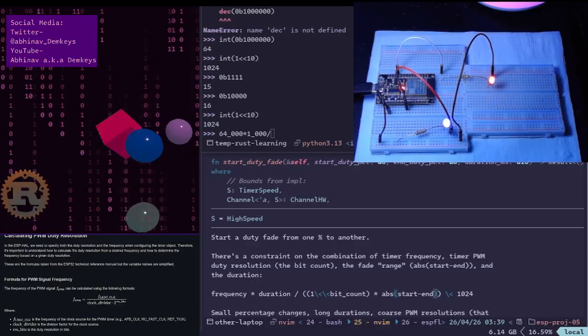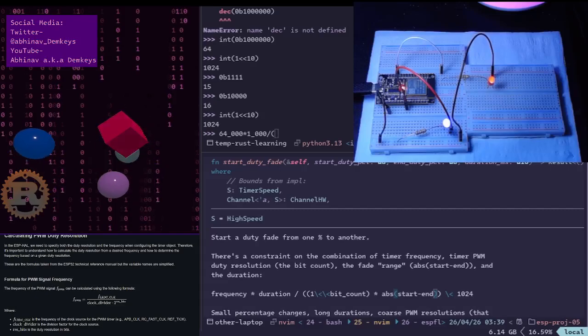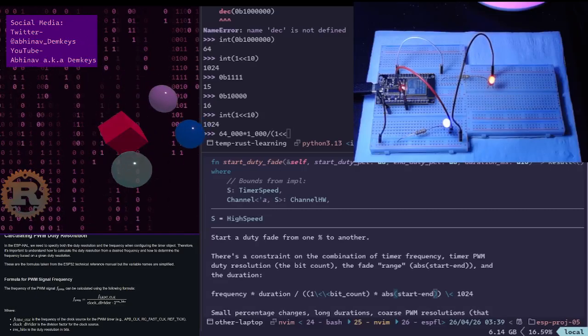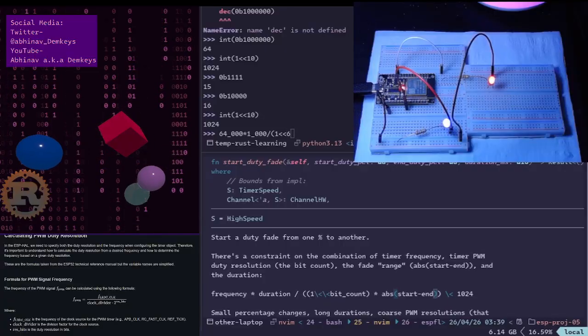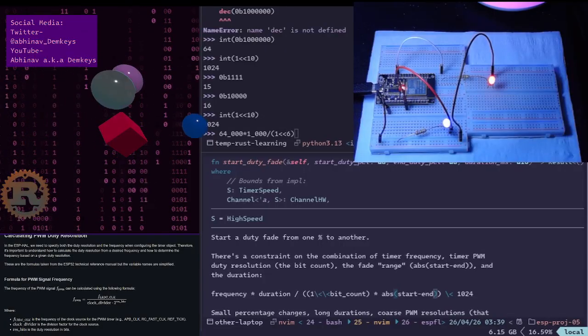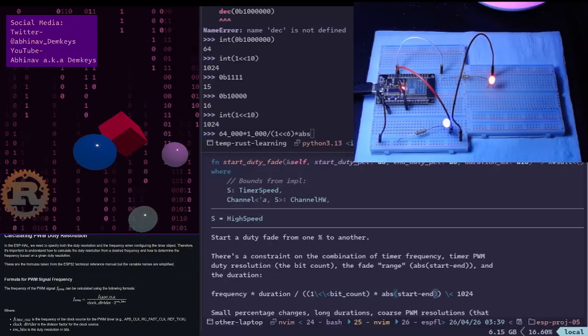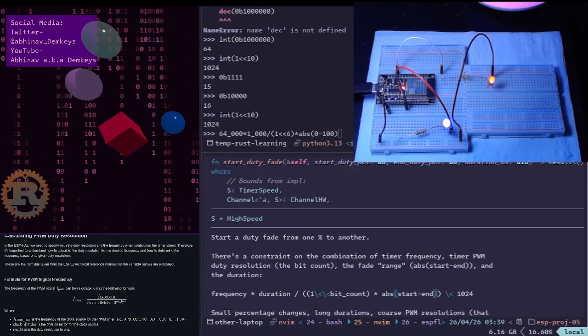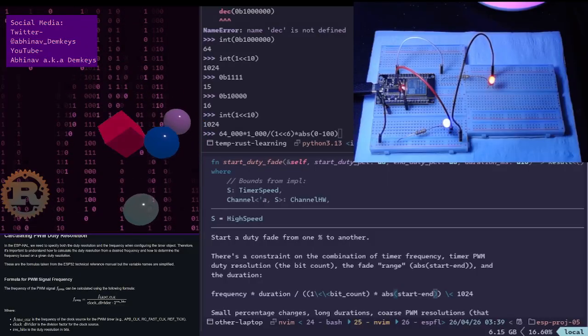So we want to get the max value. Our bit count currently is 6. Okay, and we are multiplying that by basically 100. So 0 minus this. Okay, all right, great.